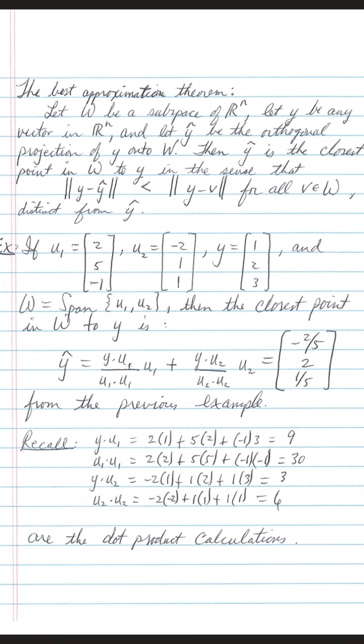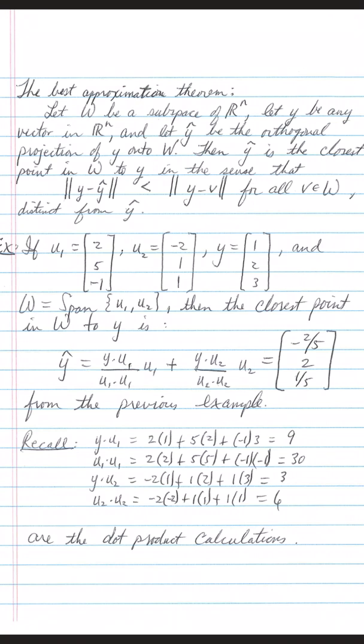The best approximation theorem: let W be a subspace of Rn, let y be any vector in Rn, and let y hat be the orthogonal projection of y onto W. Remember from the first slide, y hat is where, if you follow a line from where y ends straight to subspace W, creating a 90-degree angle, that's orthogonal.